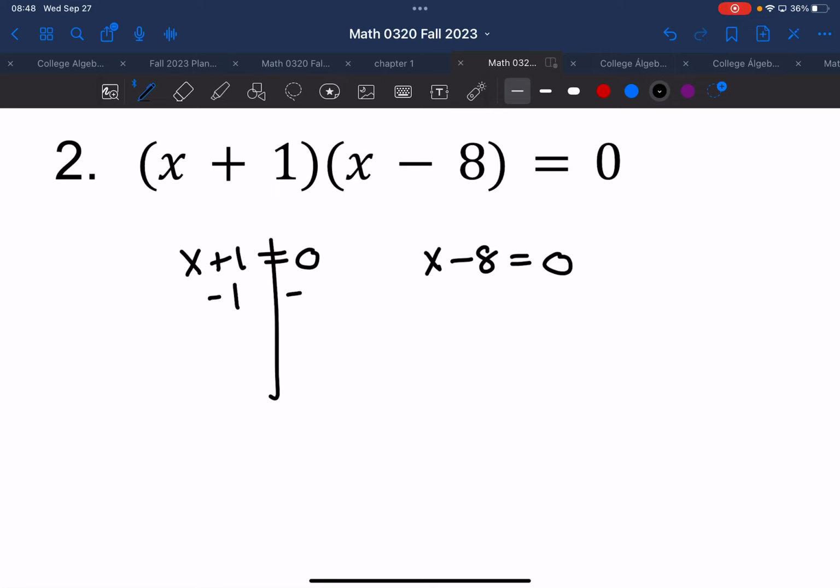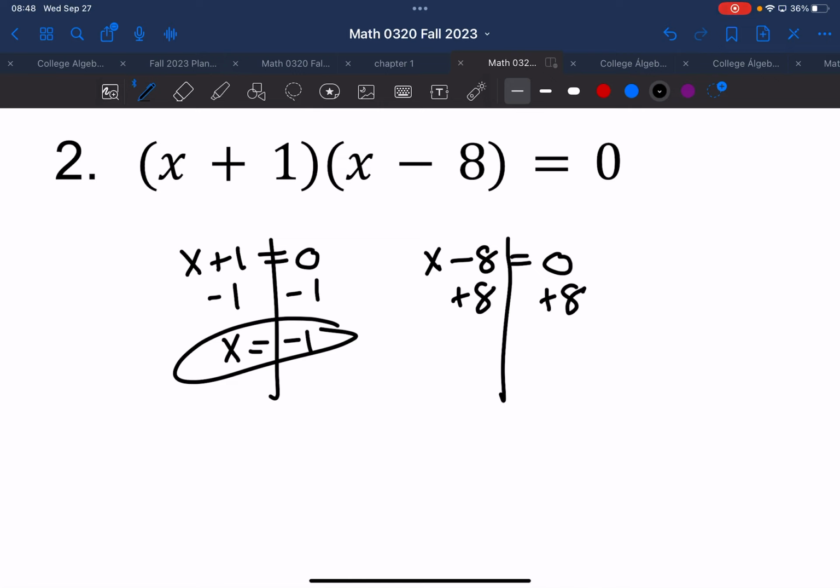In the first one, I would subtract 1, and I get x equals negative 1. The next one, I would add 8, and I get x equals 8. And those are my answers: x equals negative 1, and x equals 8.